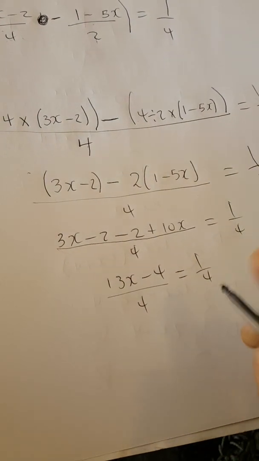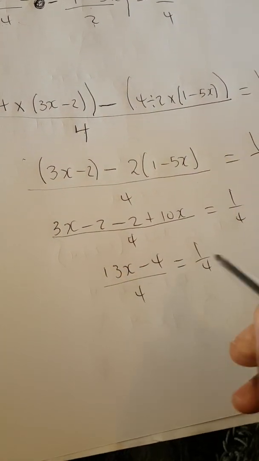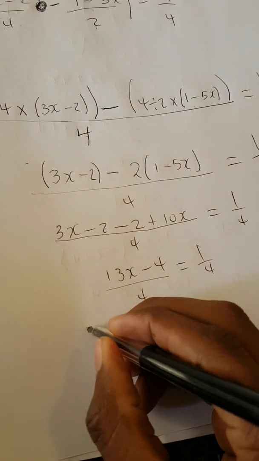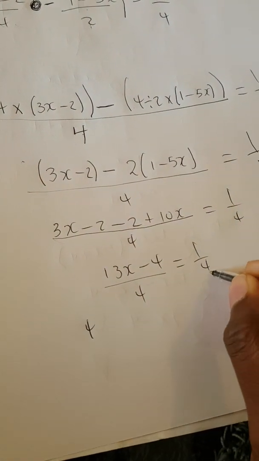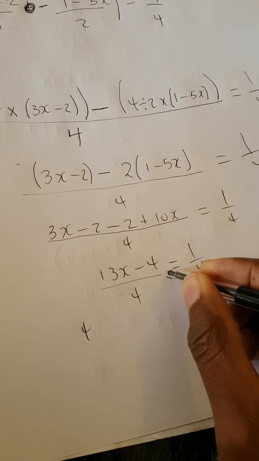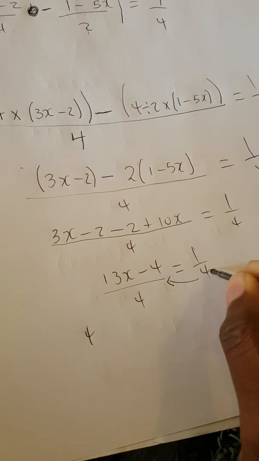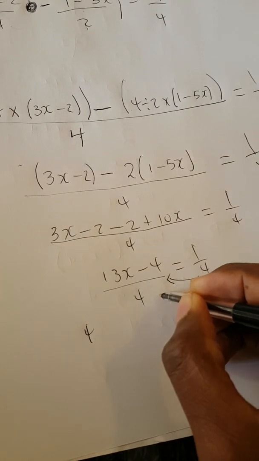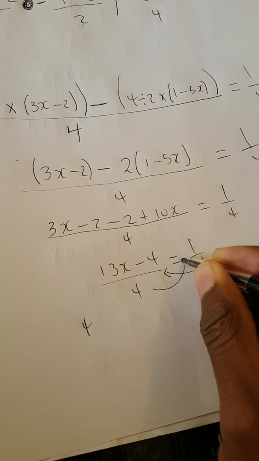So now the thing is, you're remaining with two fractions, so let's cross multiply. This 4 is going to multiply the numerator, so this 4 will multiply the numerator and this other 4 will multiply 1.